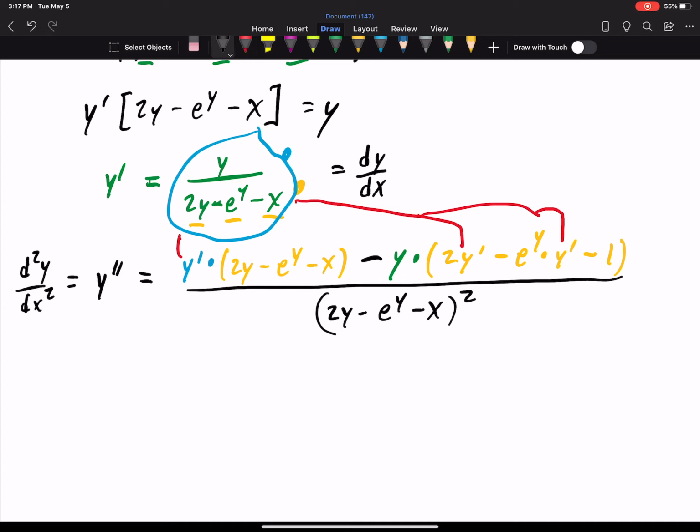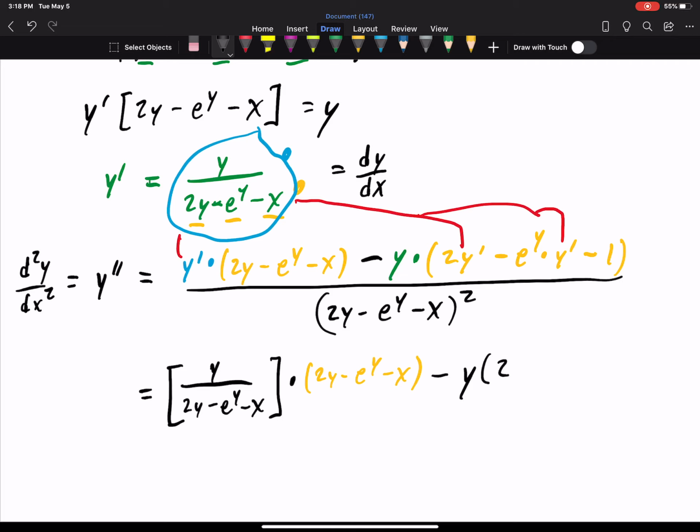Rewriting this, with this lovely substitution, I like to keep things in boxes when they're big. 2y minus e to the y minus x times this yellow function here. 2y minus e to the y minus x, minus y times 2, now time for another box, y e to the 2y over 2y minus e to the y minus x. Put this in a bigger set of parentheses.